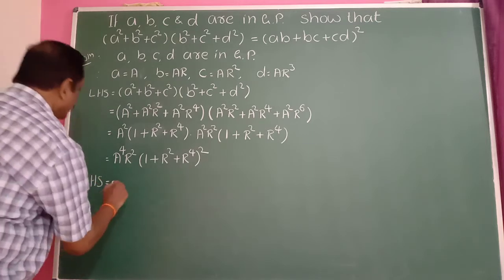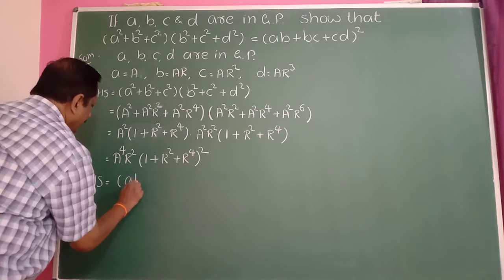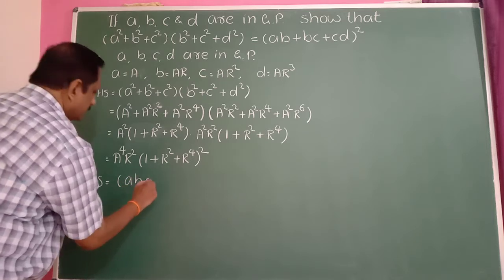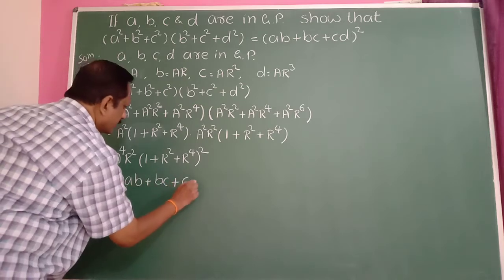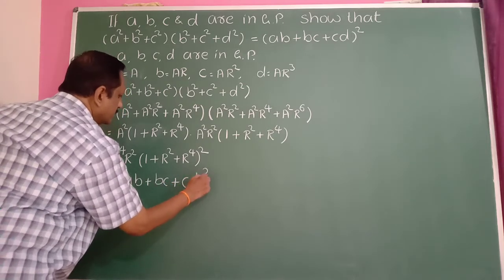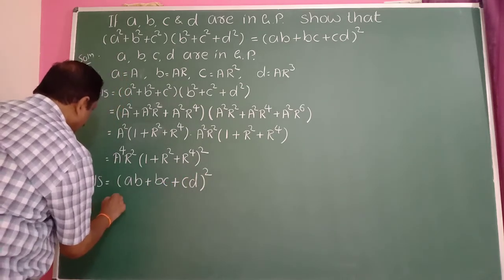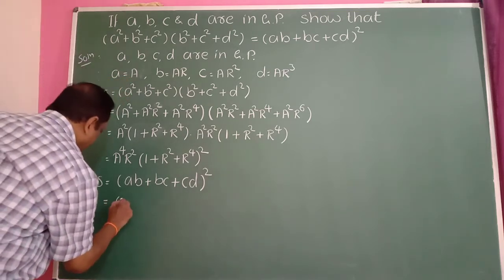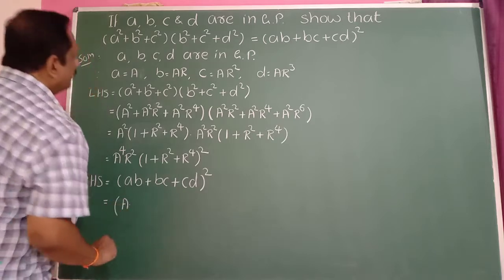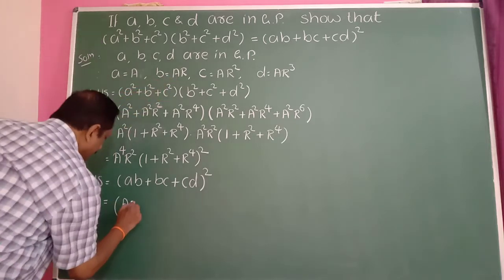is equal to ab plus bc plus cd, it's a square here. This is equal to, here a is a capital A, so write here a. B is ar, so write here ar.